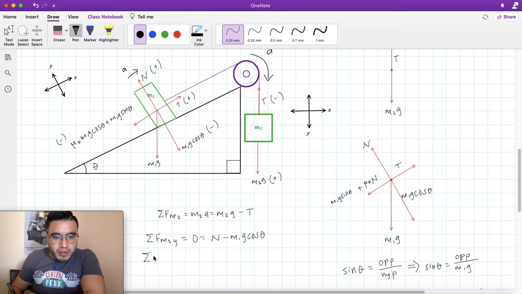Now let's work on the forces acting on mass 1 along the x direction.